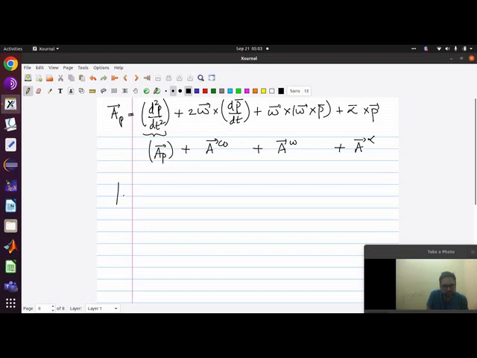Okay. So what is the magnitude of the Coriolis component? It is simply 2 times omega cross dp by dt. So 2 omega, let me write this properly.